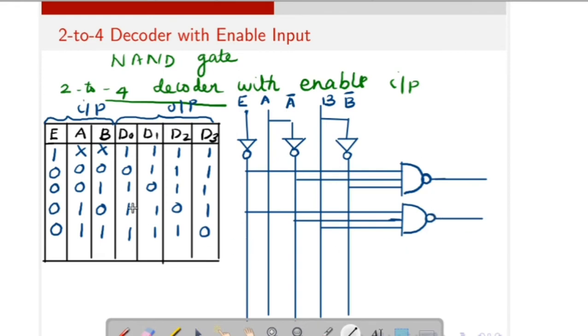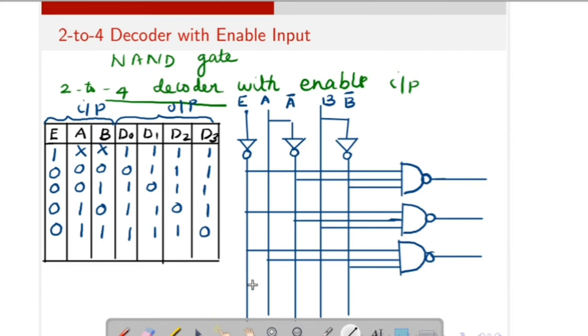Next D2. For D2, E is equal to 0, then A is equal to 1, then B is equal to 0, that means B bar. Again NAND these inputs. So here we draw a NAND gate, D2.